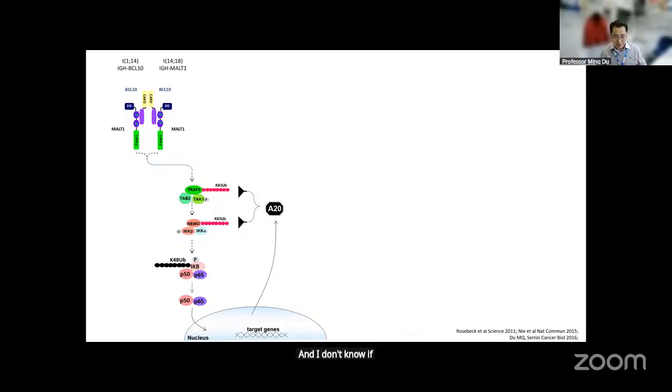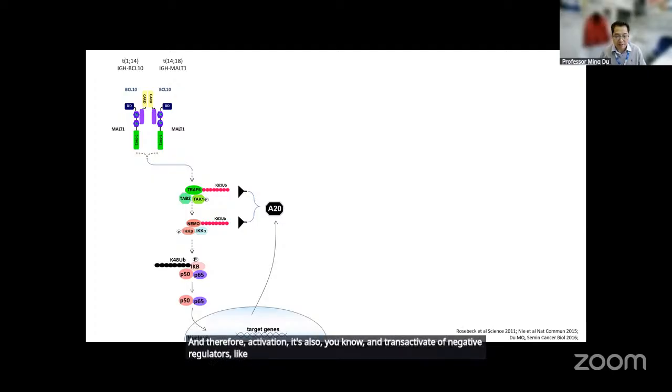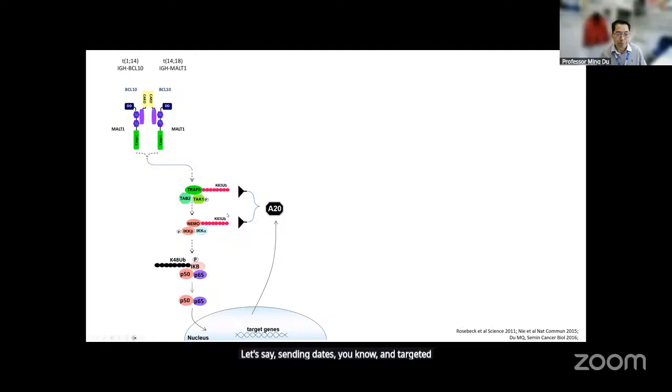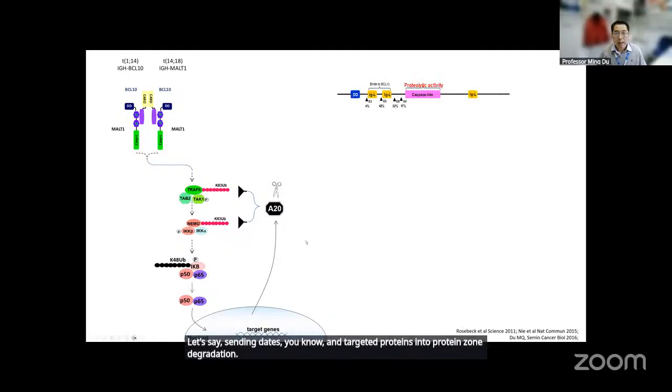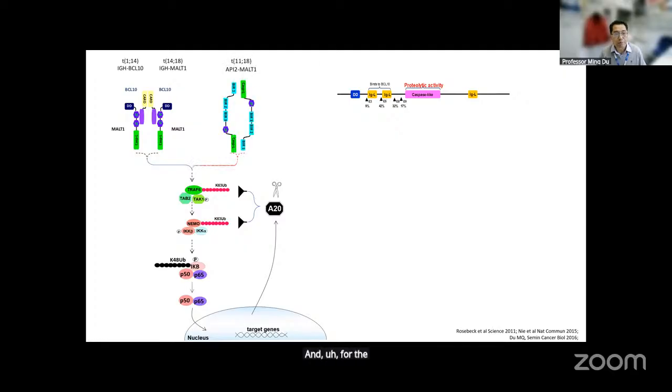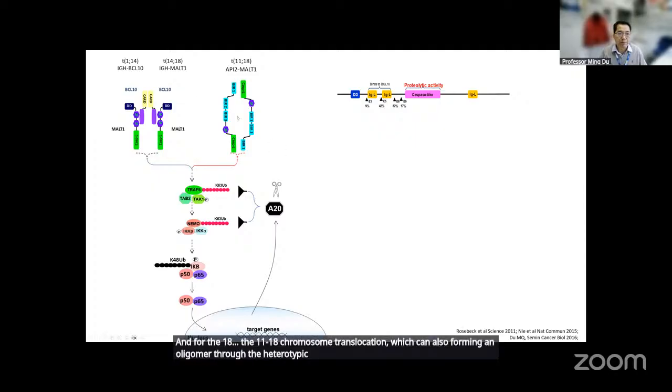NF-kappa B activation also transactivates negative regulators like TNF-alpha inducible protein 3, also known as A20, which acts as a ubiquitin editing enzyme that removes ubiquitin chains and sends targeted proteins into proteasome degradation. The 1118 chromosome translocation can also form an oligomer through heterotypic interaction between the BIR domain and the caspase-like domain. Again, they can then activate the canonical NF-kappa B pathway.